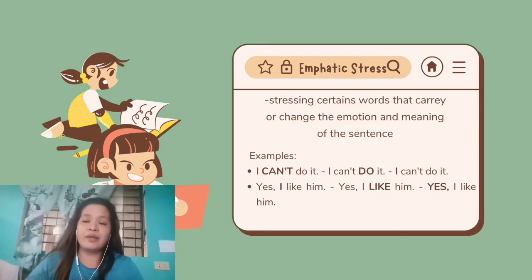Third one is, I can't do it. Another example is, yes, I like him. Yes, I like him. The third one, yes, I like him. Napansin niyo yung pagkakaiba? Okay.